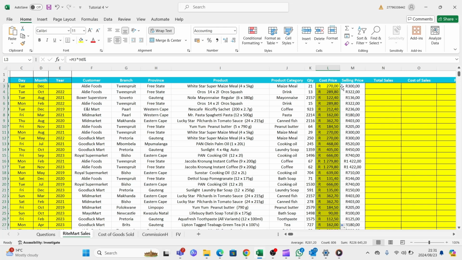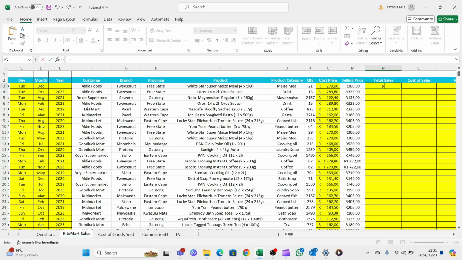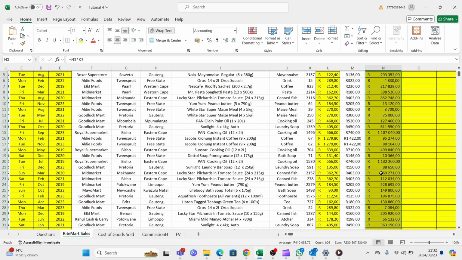We're given the quantity as well. So we're gonna say equal sign selling price times quantity. Then we're gonna press enter. And if you want to autofill it, you can go to the bottom right corner of this cell and double click it. This is the answer.